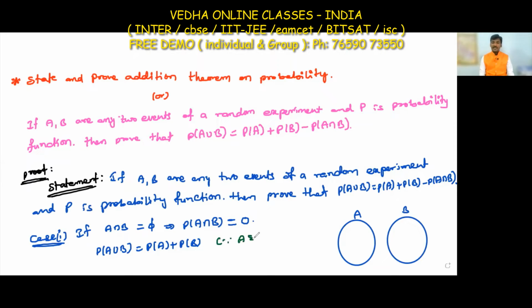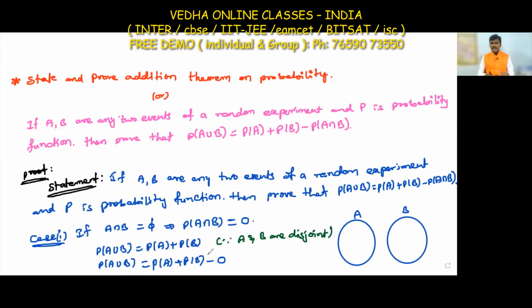So A and B are disjoint. Now probability of A union B is equal to probability of A plus probability of B. Now I am writing this as probability of A union B is equal to probability of A plus probability of B minus 0.